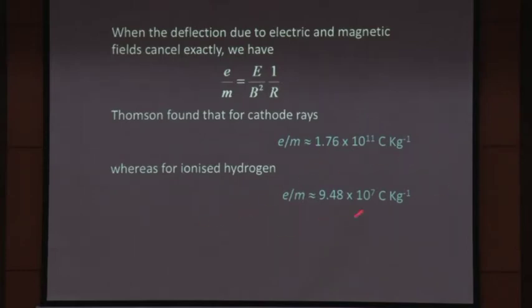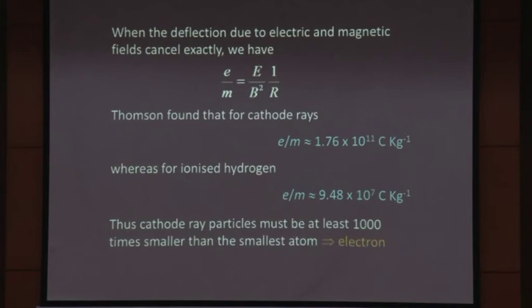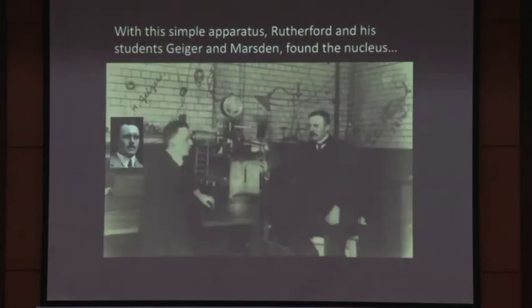While the ionized hydrogen, which at that time was known, was something like 1,000 times lighter in charge-to-mass terms, he concluded that this particle has to be at least 1,000 times lighter, and that was the very first discovery of an elementary particle, dating back 120 years ago.